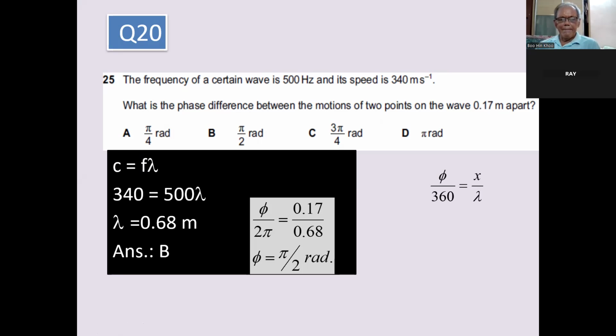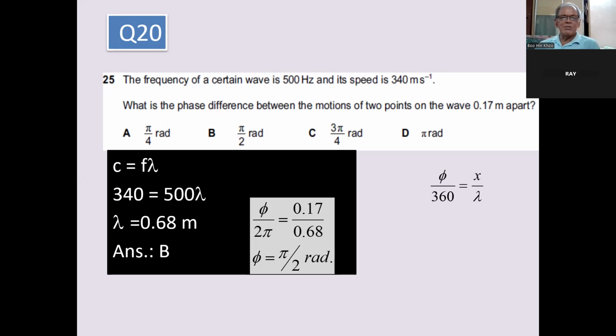Do you use degree or radian for the 2 pi? 2 pi is 360 degrees. You are AS, you don't require to use pi. If it comes out, it will be in degree.